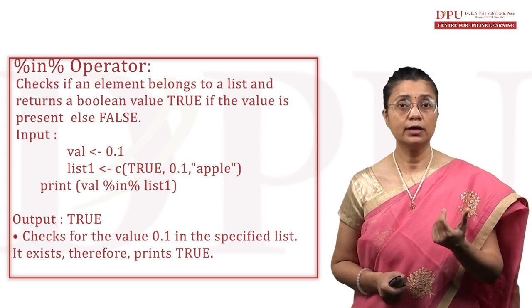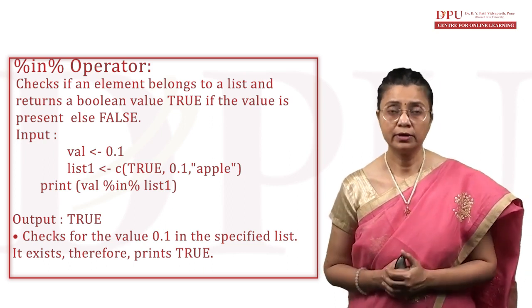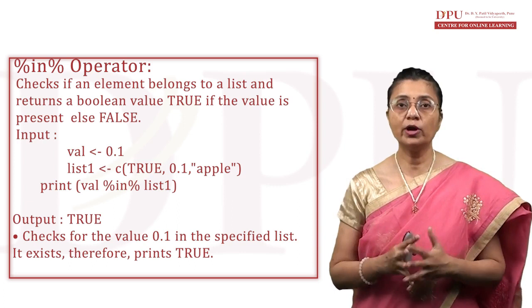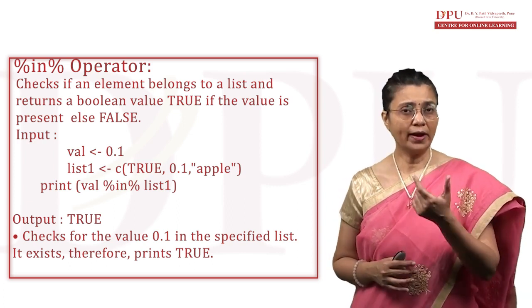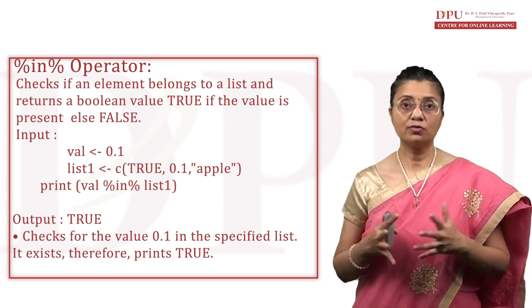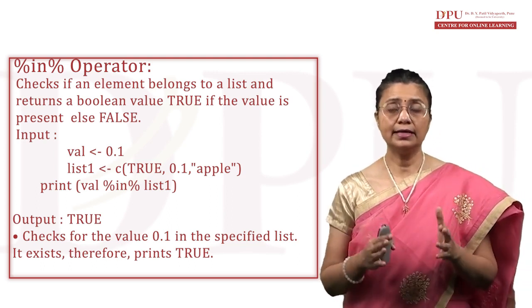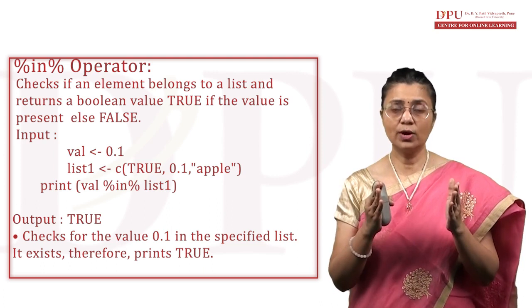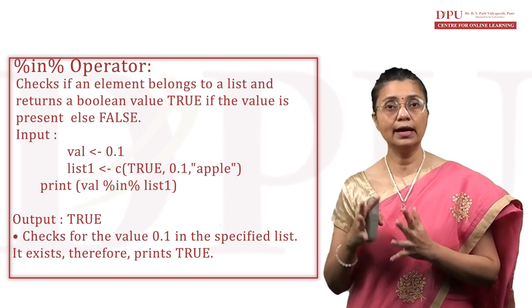The value is 0.1. Now I'm searching for 0.1 in list1. I want to find out whether 0.1 is present in list1 or not. So what will I do? I will write list1 as TRUE, 0.1 and apple.